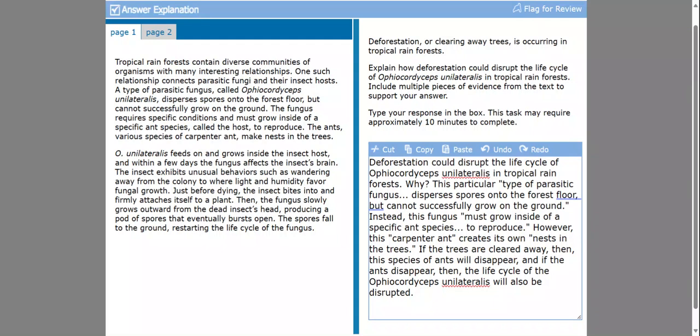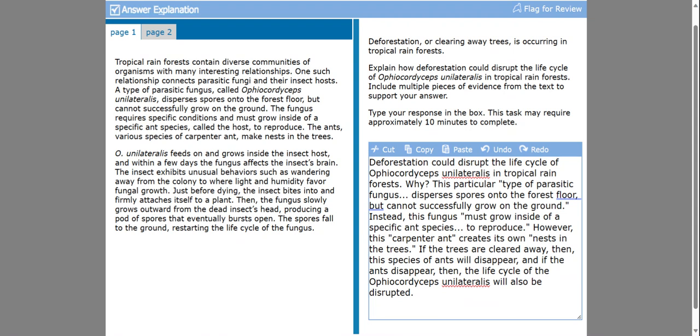All right. For those of you staying till the end, let's find out about this Ophiocordyceps unilateralis. O. unilateralis feeds on and grows inside the insect host. And within a few days, the fungus affects the insect's brain. The insect exhibits unusual behaviors, such as wandering away from the colony to where light and humidity favor fungal growth.